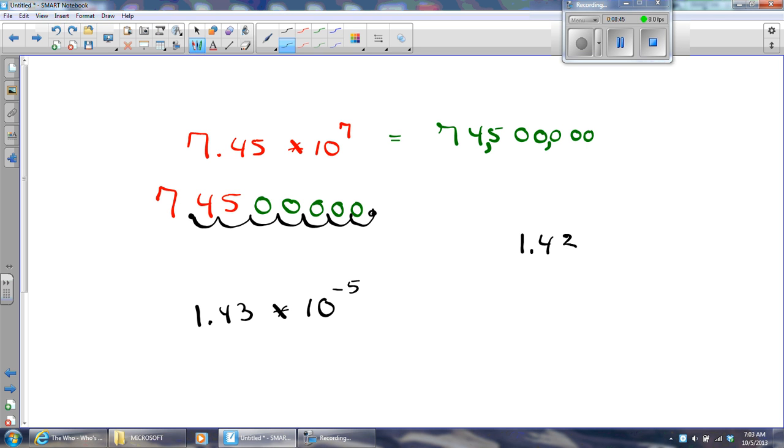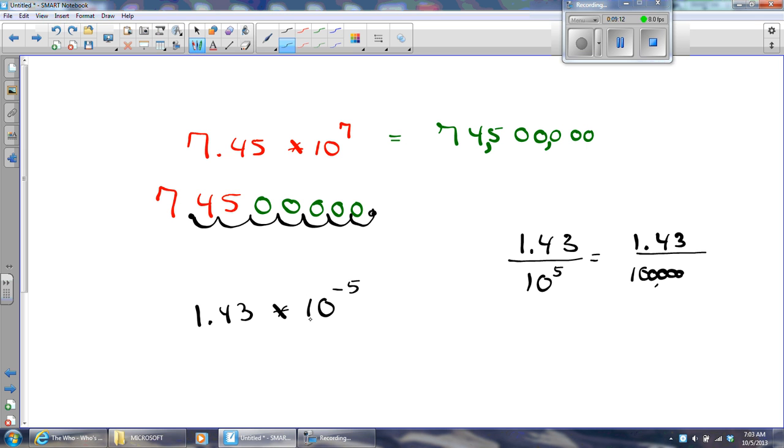If I had $1.43 and I had divided amongst 10 to the fifth people, they wouldn't get very much, would they? Maybe a piece of a penny. I got too many zeros there, don't I? One, two, no, I'm good. It's 100,000. If I had to share $1.43 with 100,000 people, we wouldn't get very much. So this number is going to get really small.